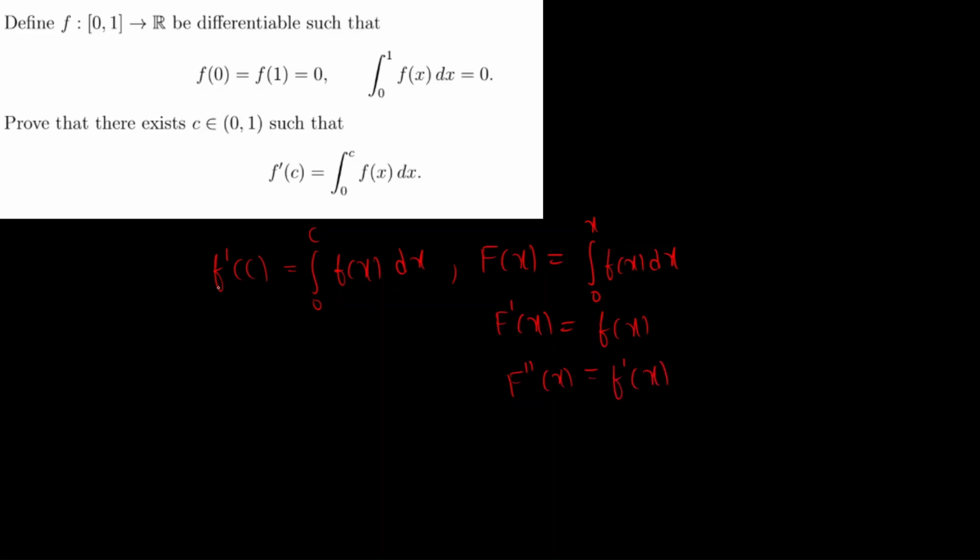Now if we substitute this terminology in the given result, we will get that capital F double dash of c minus capital F of c is equal to 0.